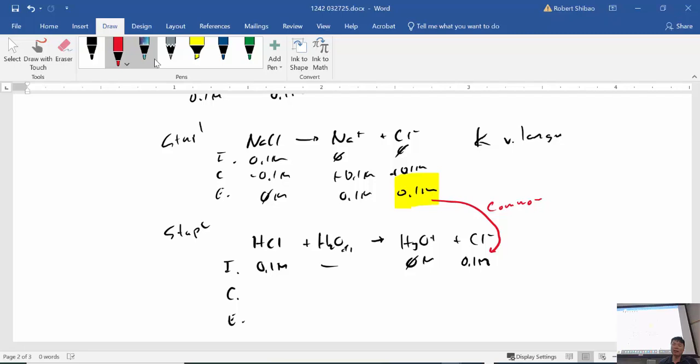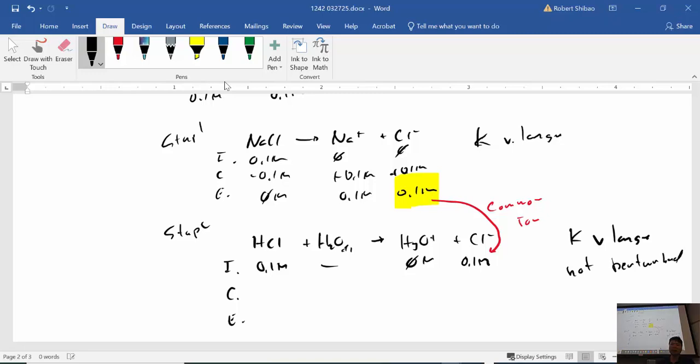Does having the common ion here inhibit the forward reaction at all? And the answer is no, because K is very large. Very large is just one way. And so K very large is not perturbed by Le Chatelier's. So you might think it'll be less acidic.